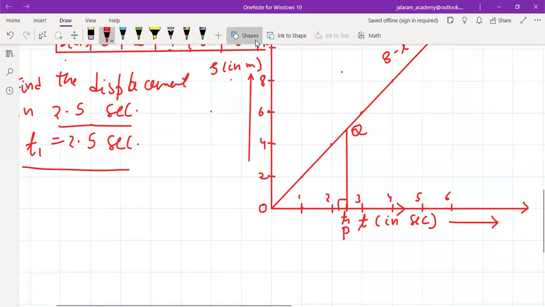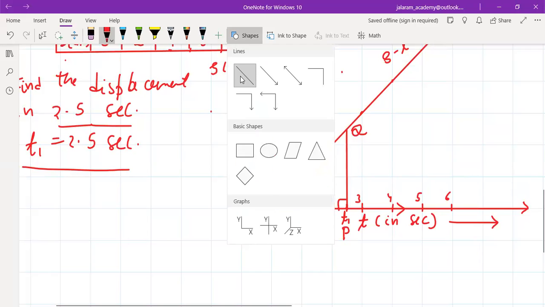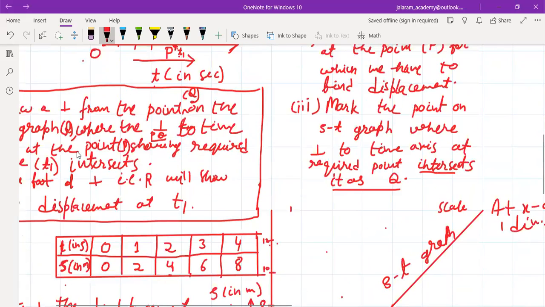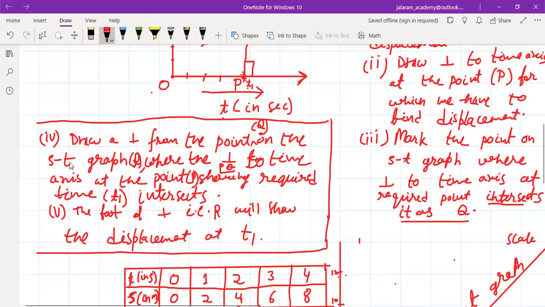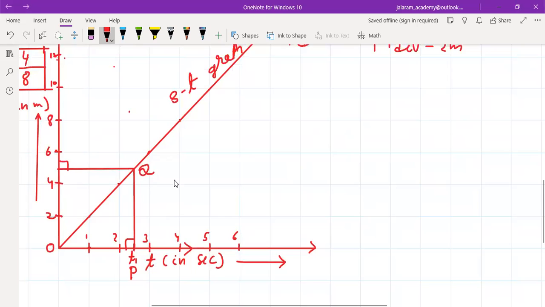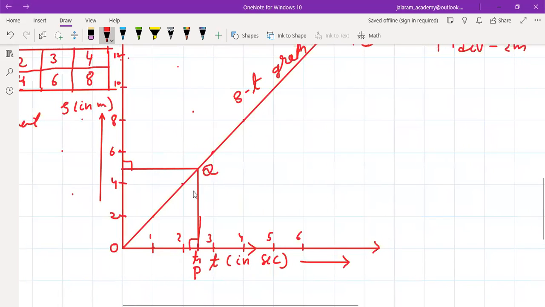Now draw a perpendicular from Q to the displacement axis. Draw a perpendicular from the point Q on the ST graph. This is the perpendicular from Q. Is that clear to you?